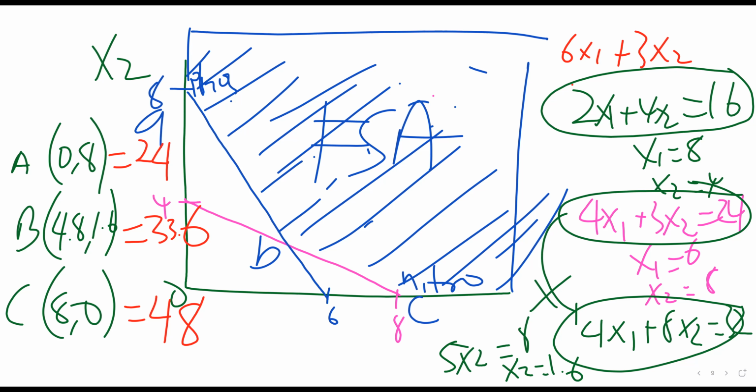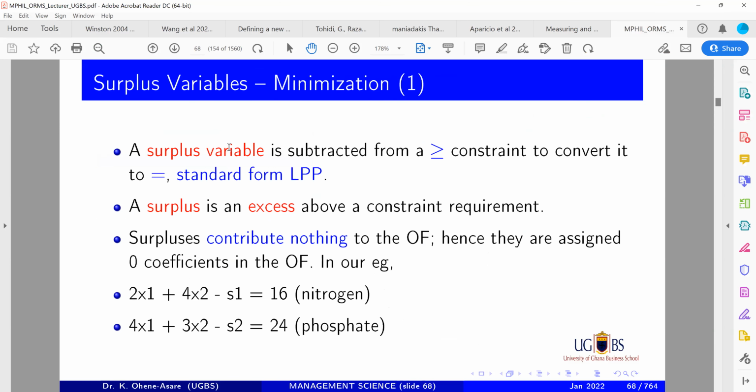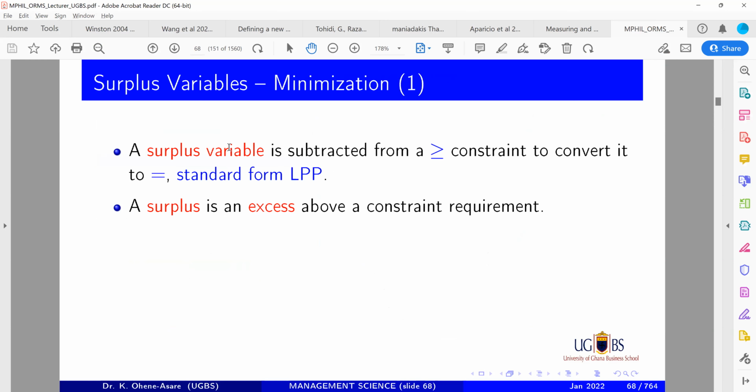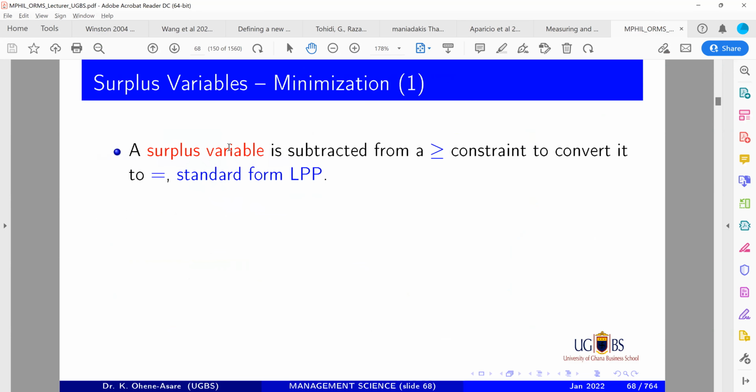Let me take you back to the slides and you see something like this. So this is how you are able to find the final answer, which in this case is your true minimum cost. So what it means is that in order to minimize costs at $24, they have to produce, what was the value there?